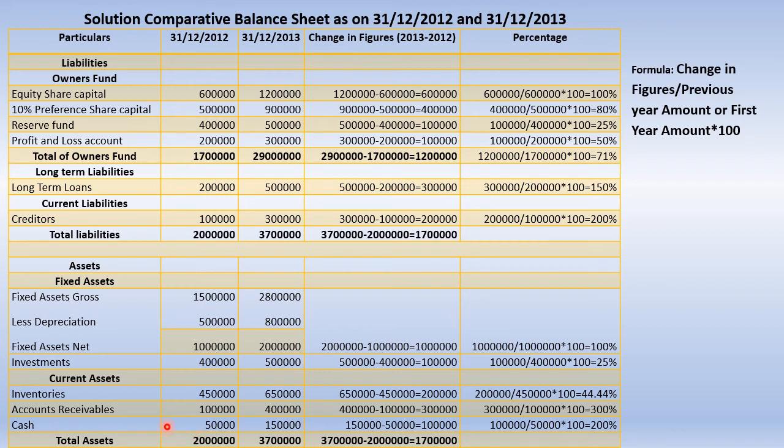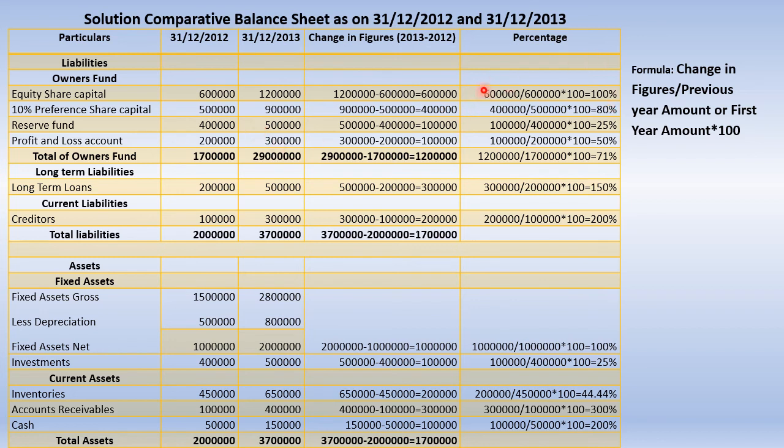This part, it is always there in the question, so no need to worry. The next, you have to find out the difference between current year and the previous year. For you guys, the current year is 2013 and the previous year here in this problem is 2012. So this 2013 minus 2012, that is how we will be finding out the changes in figures.